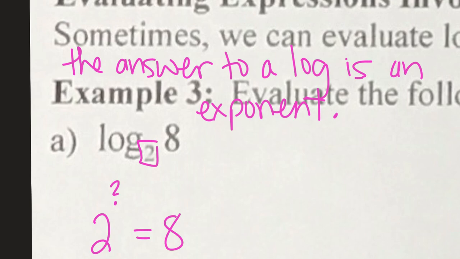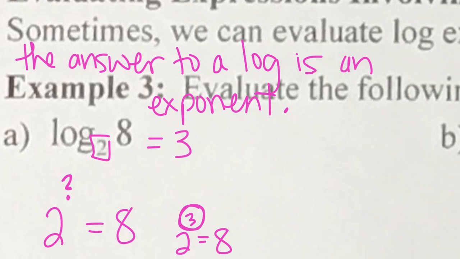This is what you have to think about in your brain. The answer is the exponent. How many 2's do I multiply together to give me 8? The answer is 3, because 2 to the third power equals 8, and the answer is your exponent. The answer is always an exponent.